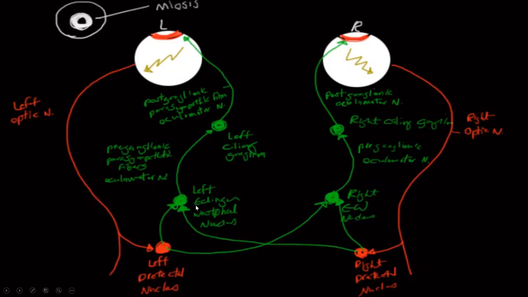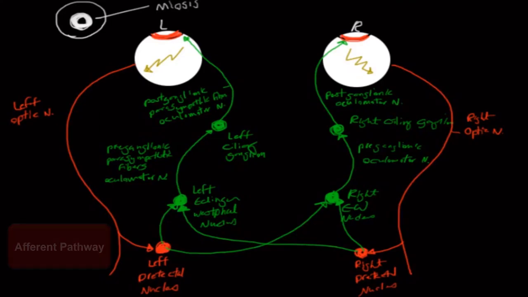Then from the Edinger-Westphal nucleus, the preganglionic parasympathetic fibers accompany the third nerve to relay in the ciliary ganglion. Then the postganglionic fibers with the short ciliary nerves will supply the ciliary muscle, causing accommodation, and the constrictor pupillae muscle, causing miosis.